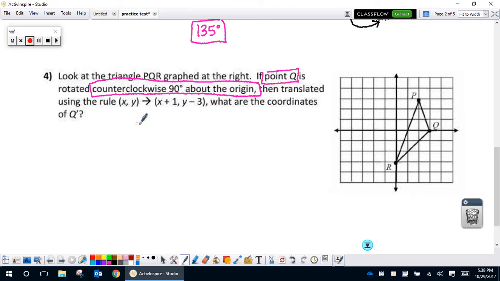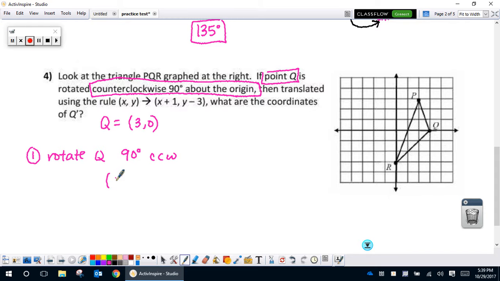So we have this nice triangle over here, but they are only concerned with Q and Q prime. First identify where Q is. It's at (3, 0). The first step is to rotate just Q. We're not concerned about the other points. Q 90 degrees counterclockwise. Okay, so you would refer to your rotating rules.